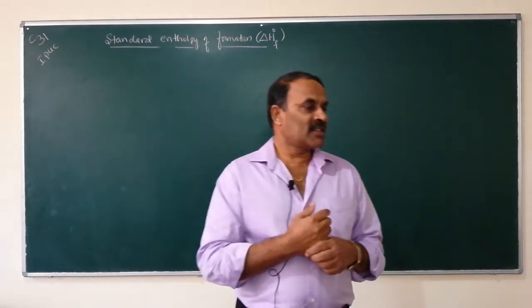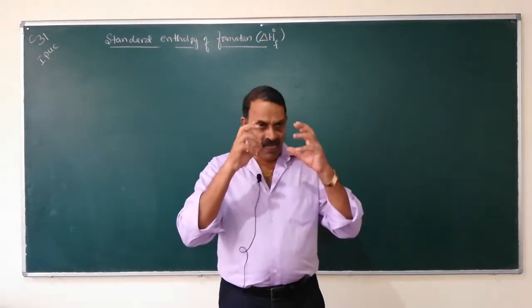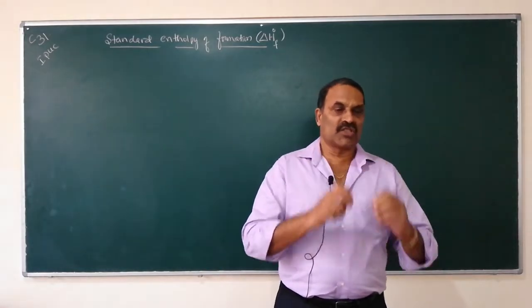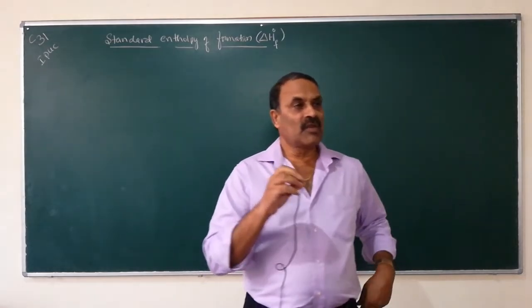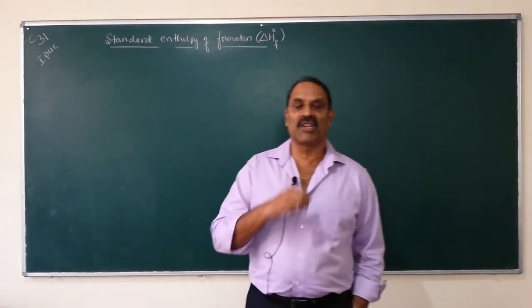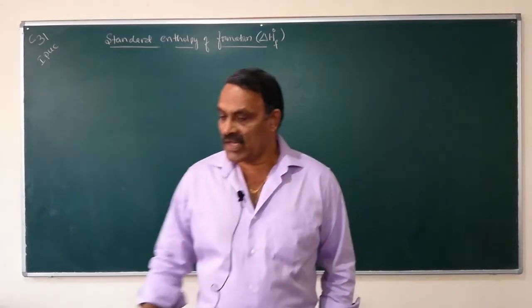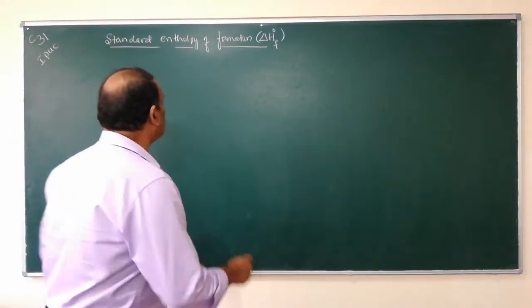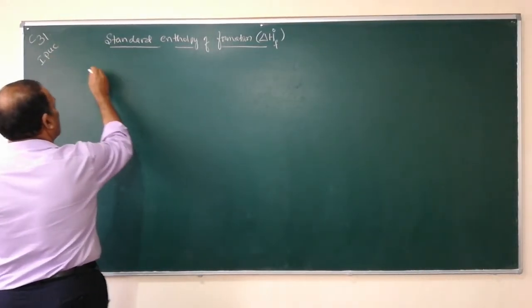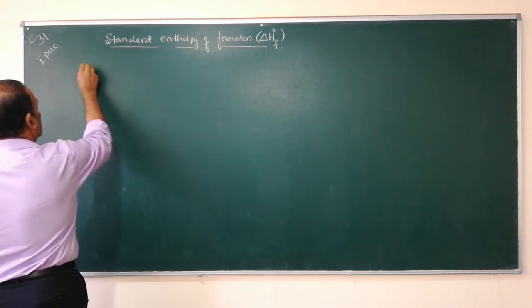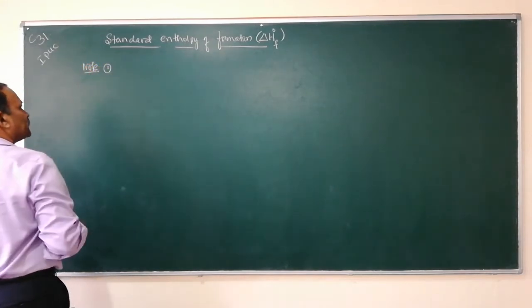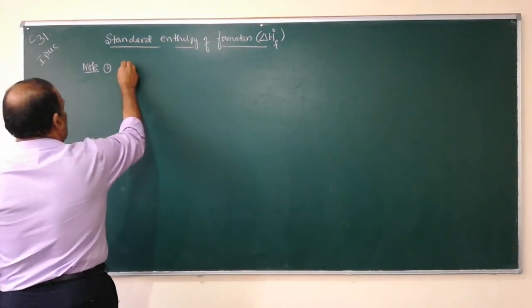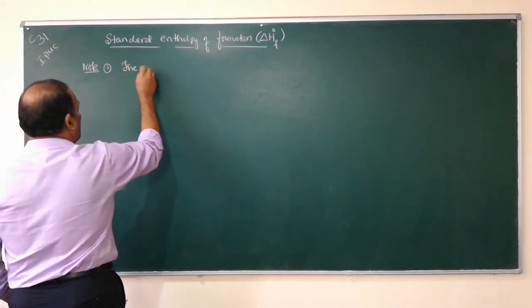So, today we will study some of the important notes regarding enthalpy of formation. It will be beneficial for your competitive examinations. What is the first note? Under standard enthalpy of formation, note number 1.